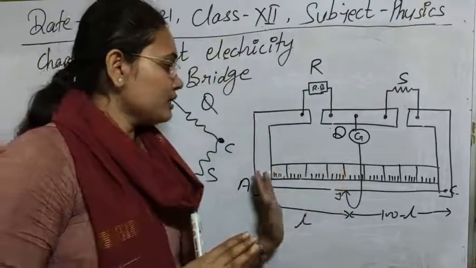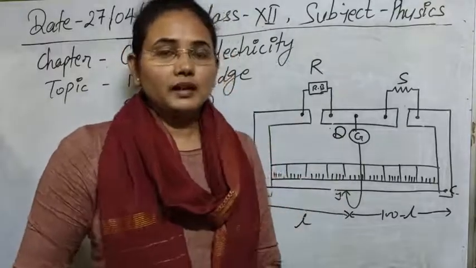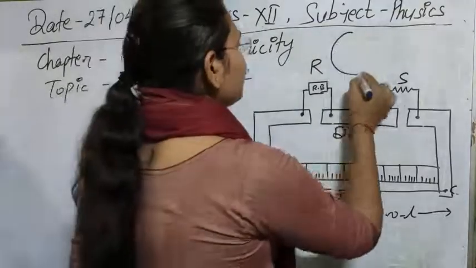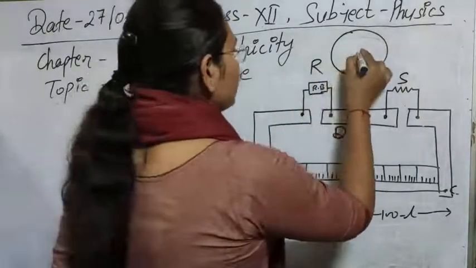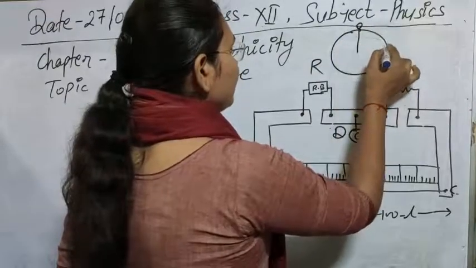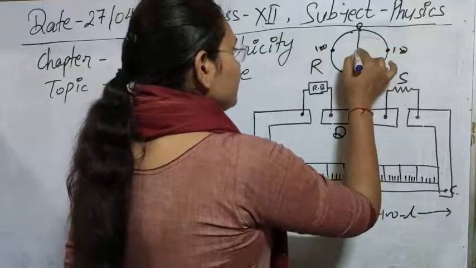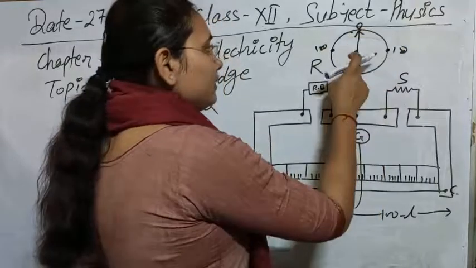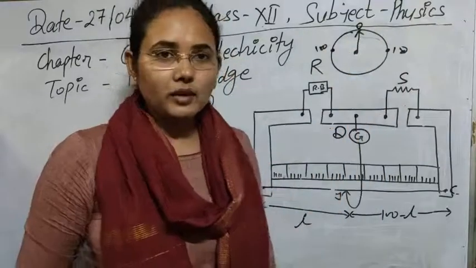For one side the deflection is to the left, and for the other side the deflection should be to the right. The galvanometer is a circular device in which 0 is marked, and some values, suppose 150, are here. This is a needle, and if current is flowing, the needle is deflected either to the left or right side.